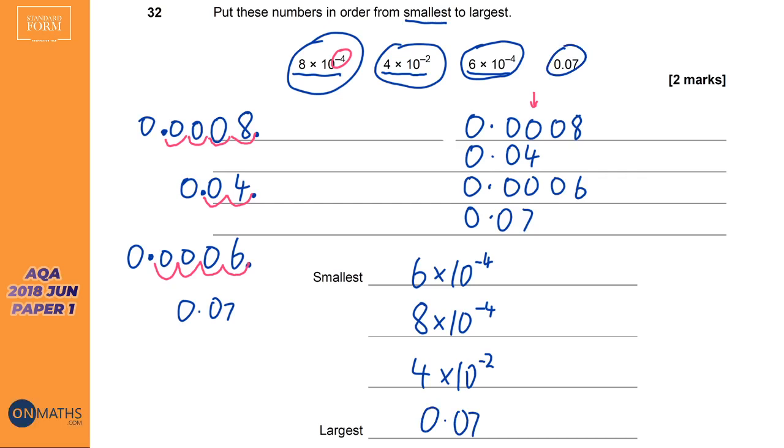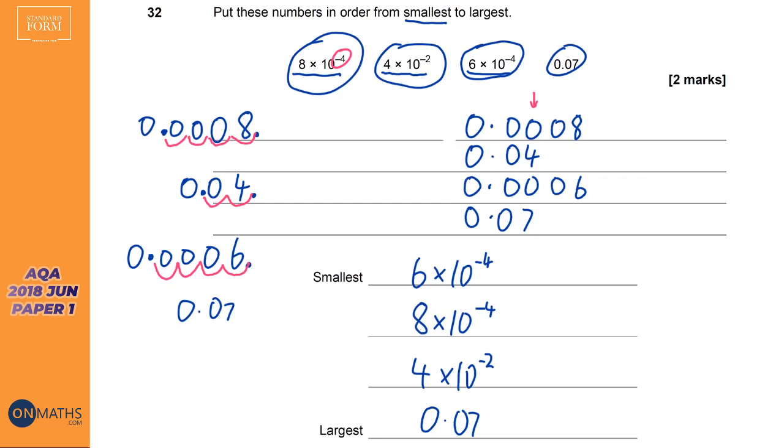So with this question, or like always with these kind of questions where you've got to order something, always convert them into the same thing first of all, but also, if you can, always convert them into decimals, because decimals are a lot easier to compare. If you've got, say, a fraction and a percentage and stuff, always convert them all into decimals if you can.